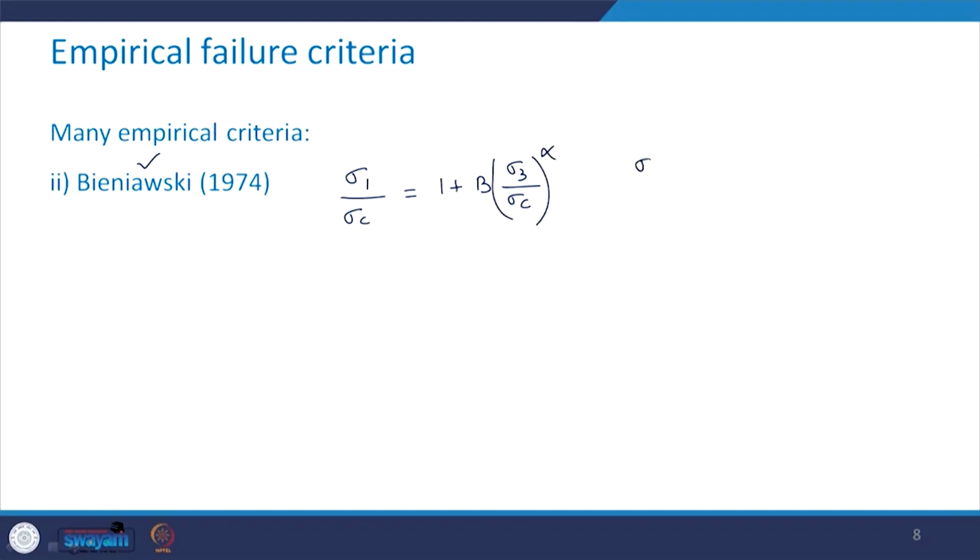Again here sigma c is the UCS of the intact rock, which is available to us. We can just give it as an input parameter, and here alpha and b are the parameters of the criterion.